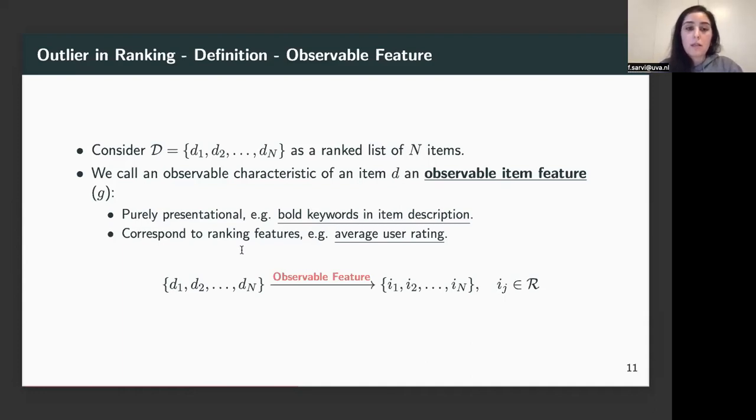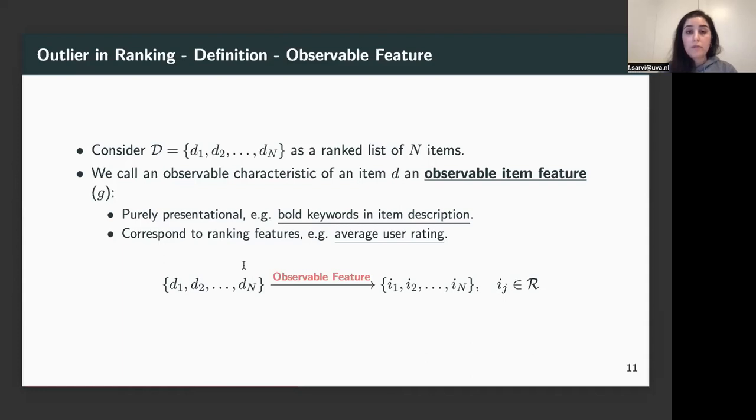These features can be purely presentational, like bold keywords in the item description, or they can correspond to the ranking feature, like the average user ranking. So the first step for us to define the outlier or to find the outlier is to translate these items to the values of their features.